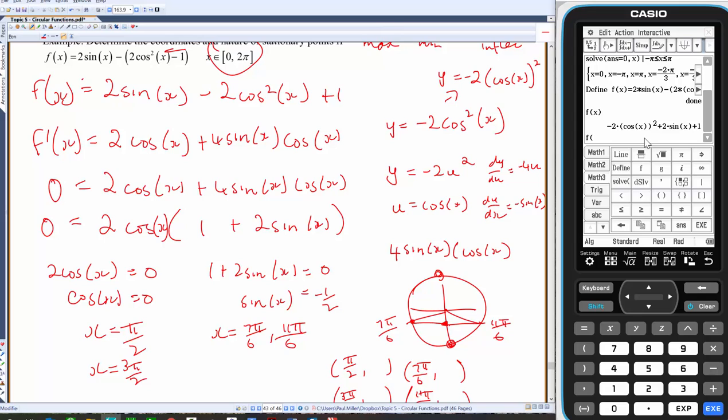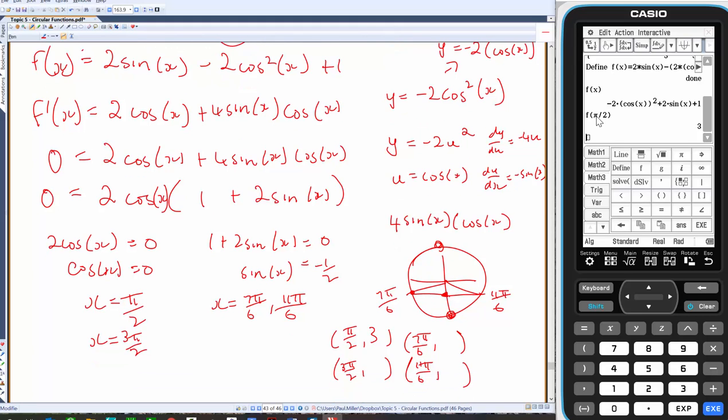Okay, so f of pi on 2 is 3. That would have been nice. Look, I probably could have done that without a calculator, but getting a bit late in the night. 3 pi on 2, that's negative 1. I'm making myself look a bit foolish. Hopefully these 7 pi on 6s are going to be a little bit more unusual.